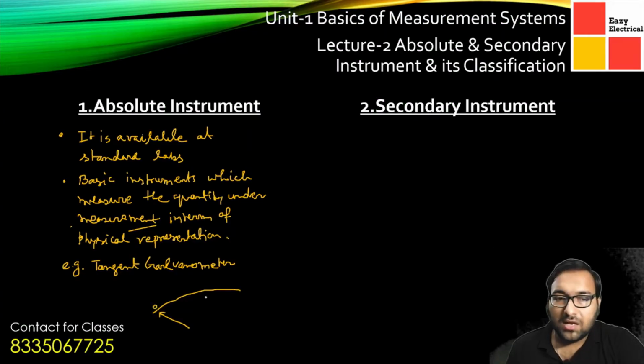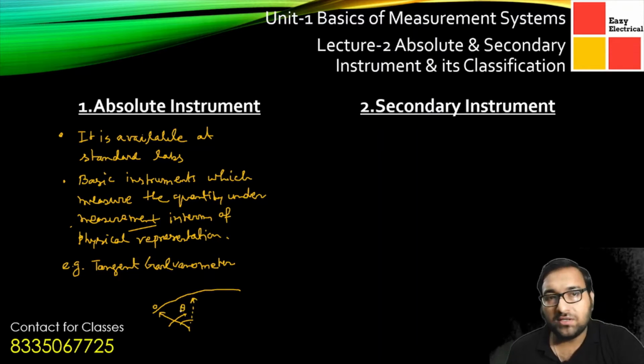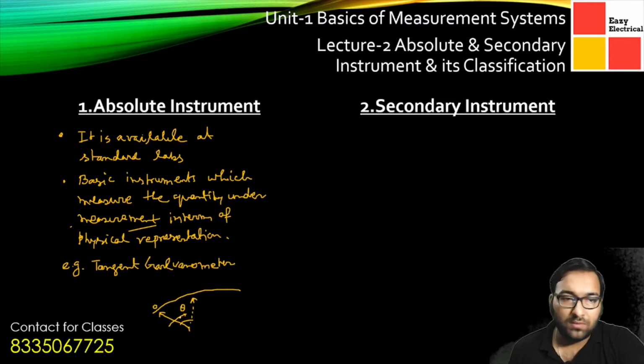After a certain current flows, it will reach a certain position, suppose in this position. So there is a deflection, and based on this deflection we are measuring the current. So in this type of instrument we cannot get the actual value. We are basically getting a deflection, and with respect to the deflection we are measuring the current or the voltage, whatever it may be.